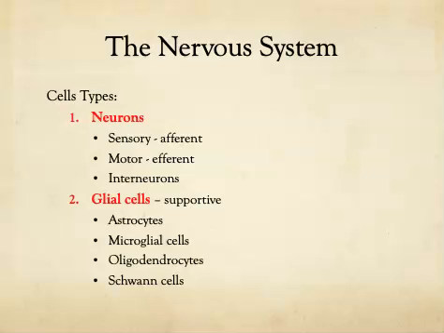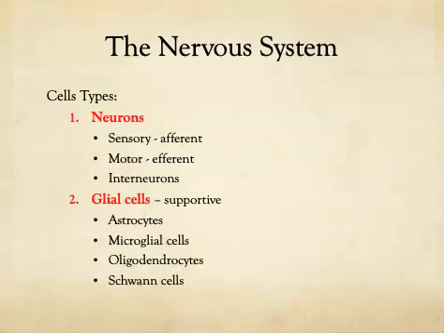And those cell types are the neurons themselves and what we call glial cells, or supportive cells around the neurons, the cells that help the neurons do their job effectively.